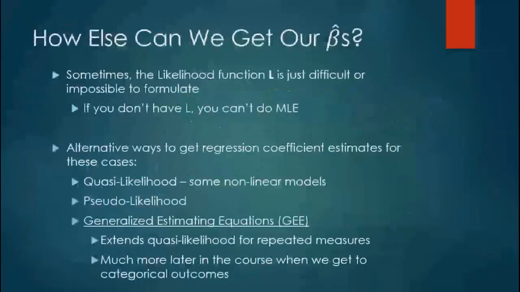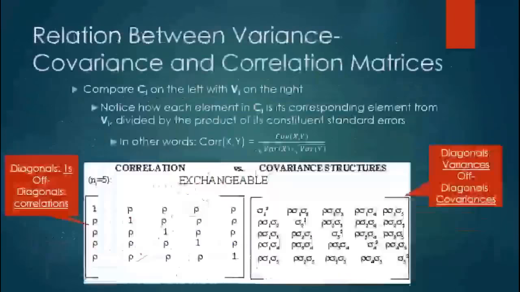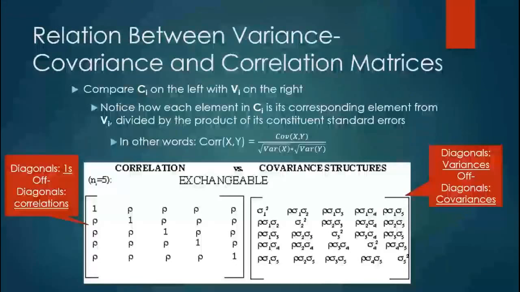And then I lied. One last thing, it's going to take 30 seconds, I swear. Okay. Correlation matrices have on their diagonals ones and on their off diagonals correlations. A covariance matrix, which can also be called a variance-covariance matrix, it depends. I'll take either one. Sometimes it's easier to use the whole term, variance-covariance matrix, because then it makes sense why it's called VI, and it helps to differ from correlation.